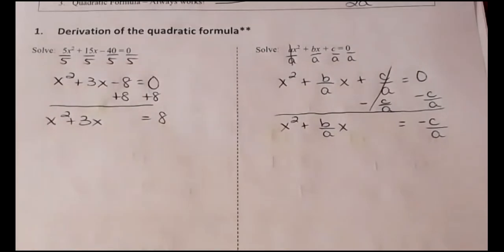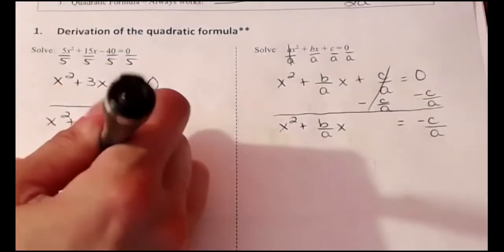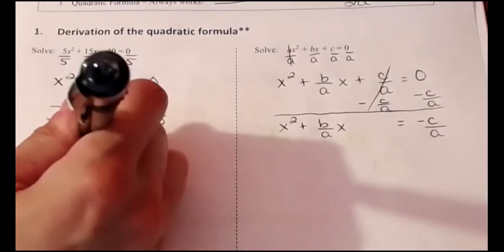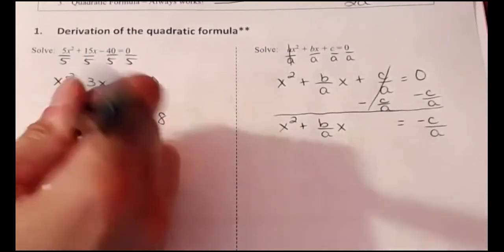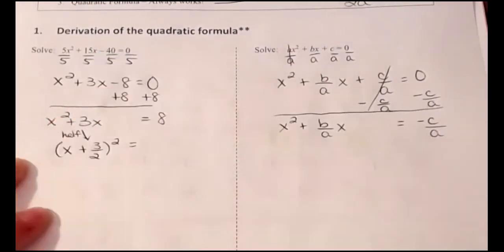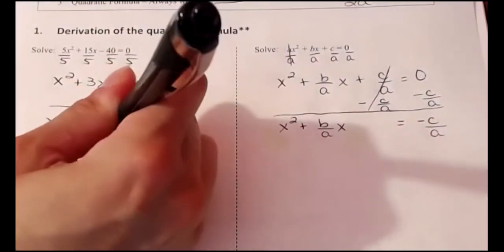When we complete the square, remember we always take half of the b term and then we square it. So essentially we want to write this as a perfect square. So we're going to do half of the b term. So half of 3, which is 3 halves. And that's what goes in my parentheses. And then we square it.